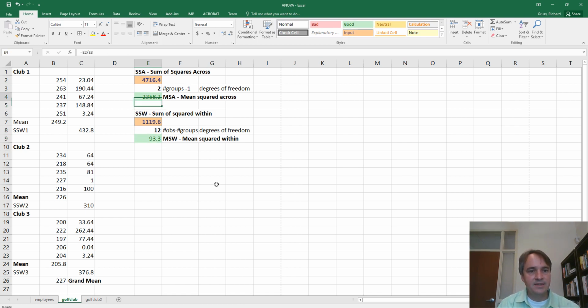So in this case, we can see that this is a lot larger than this, and we can compare the two by taking a ratio. So let's do MSA divided by MSW. We'll set that equal to this divided by this, and it gives us this number. So this gives us the approximate ratio of the variance across the clubs to the variance within the clubs.